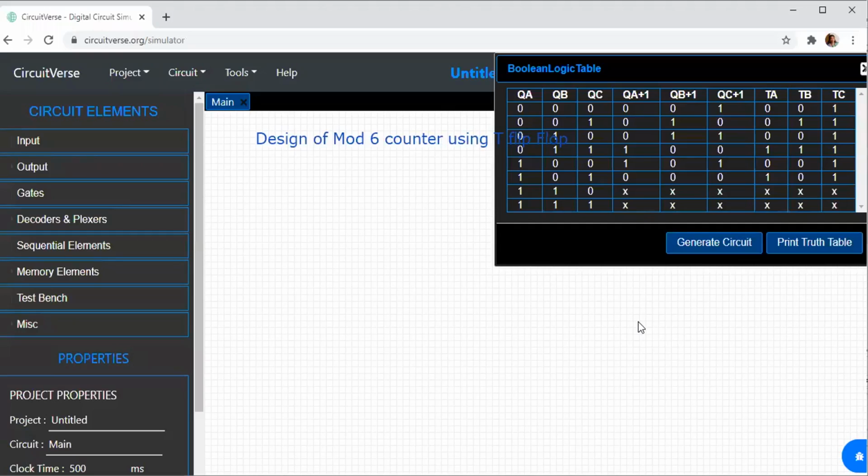Next step we have to simplify the truth table TA, TB and TC values using K-map. So let us draw a 3 variable K-map.